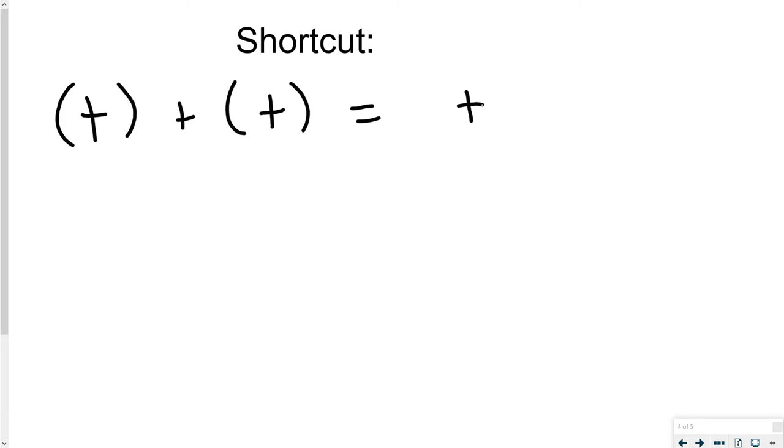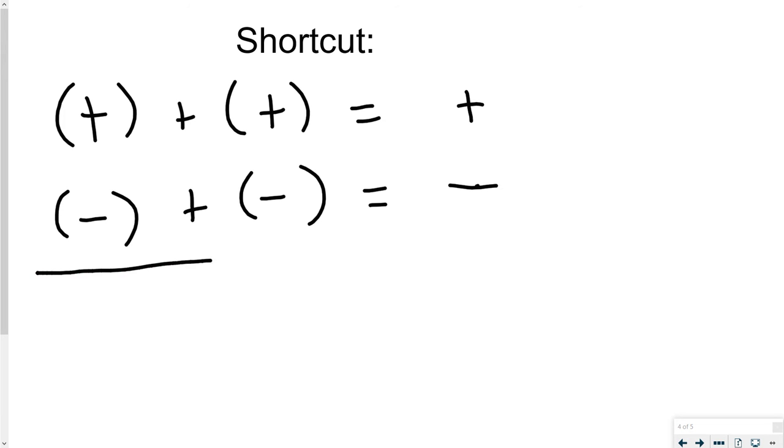So a gain plus a gain, you can't do anything but gain, right? If you have a loss plus a loss, you can't do anything but, sadly, lose.